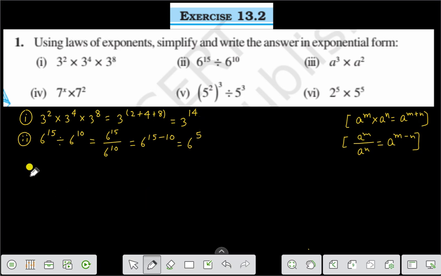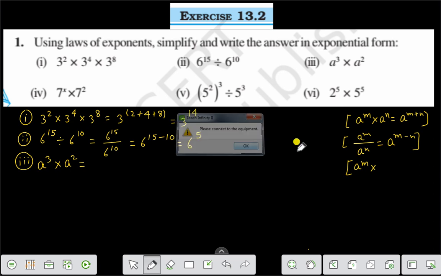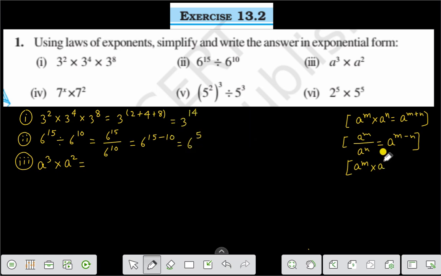Now question number 3 is a to the power 3 into a to the power 2. In the same way we apply the formula a to the power m into a to the power n is equal to a to the power m plus n.